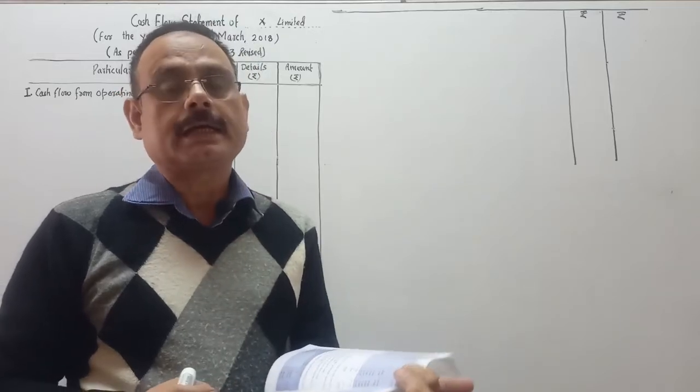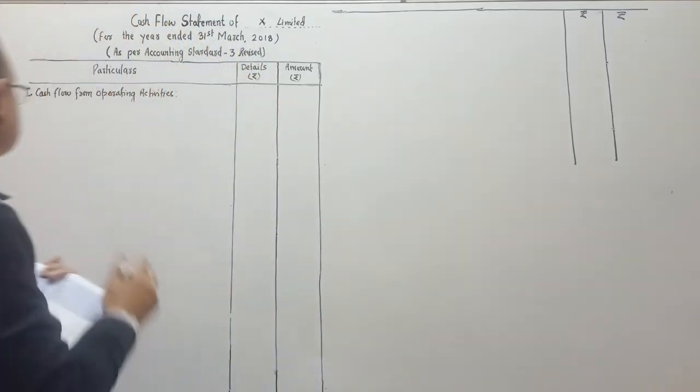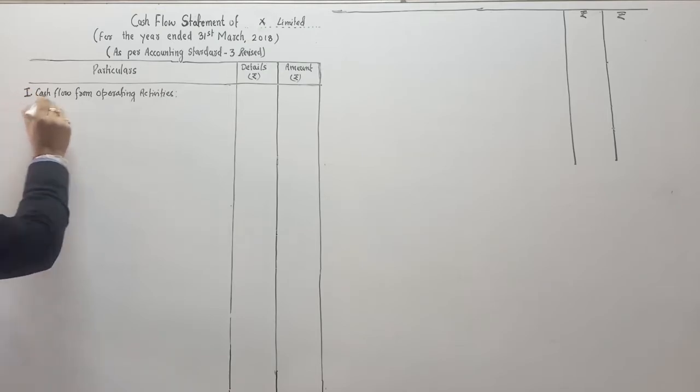Now I start with the cash flow from operating activity. First will be the cash flow from operating activities.